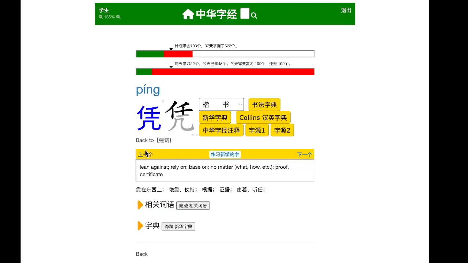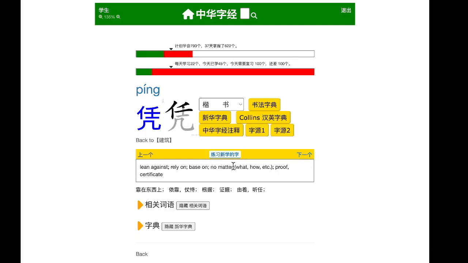Ping. Ping can also mean to lean against or rely on, base on, proof or certificate. If you say something like, what basis have you, or who gave you the right to something, you'd say 凭什么, like how dare you.